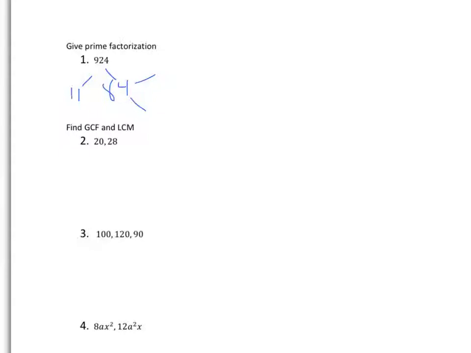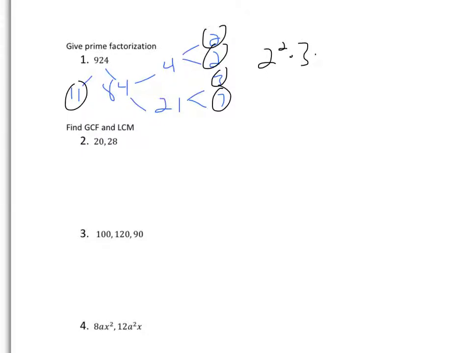Let's do 4 and 21. Okay, which goes down to 3 and 7, which ends that, and this is 2 and 2. Okay, so at the end here, we've got 2, 2, 3, 7, 11. All right, we got to put all those together, and we'll get 2 squared times 3 times 7 times 11. That's the prime factorization of 924.